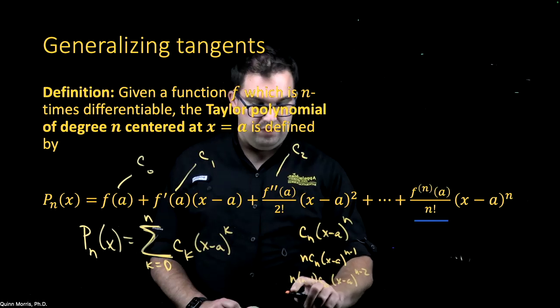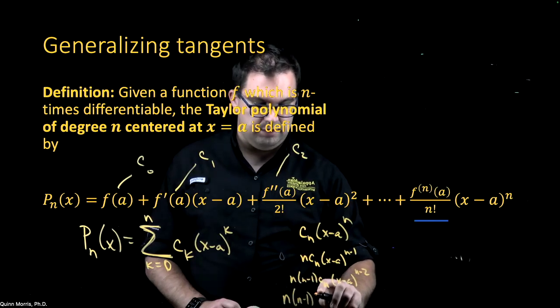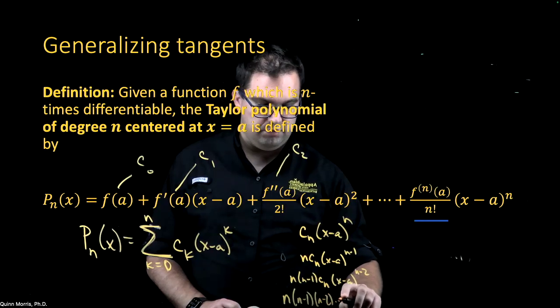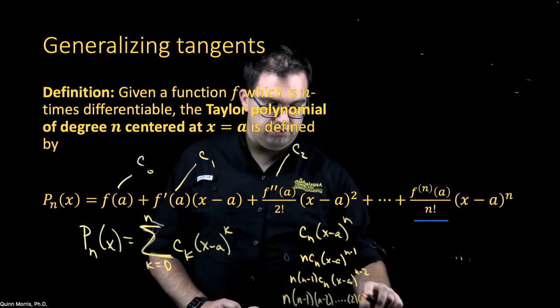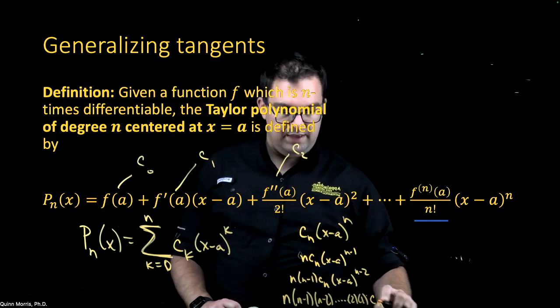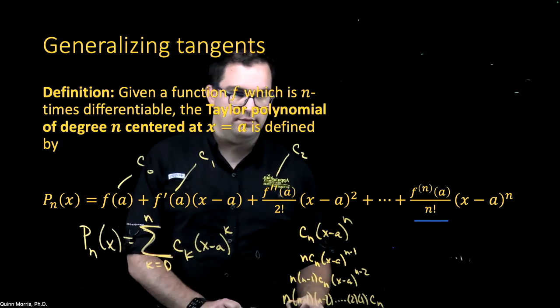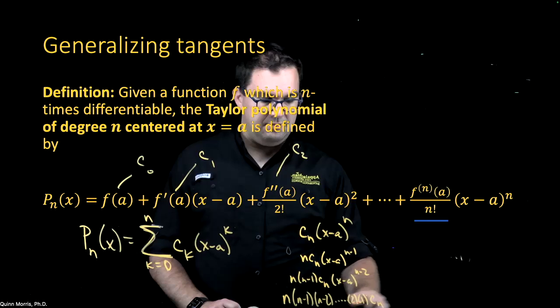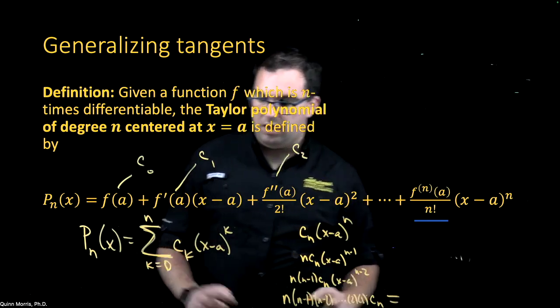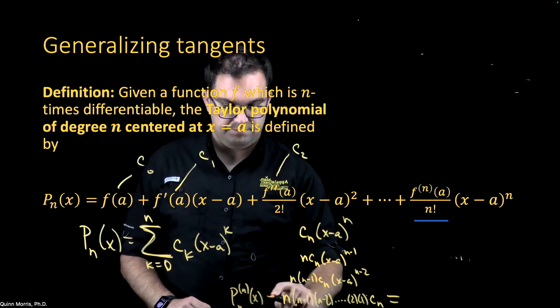What I'm going to end up with is n times n minus 1 times n minus 2 times down to 2 times 1 times c sub n. And then this is going to be x minus a to the 0, which is just 1. So this will actually be the nth derivative of p sub n of x.